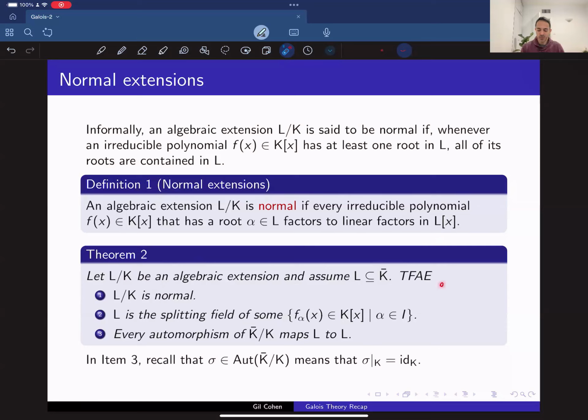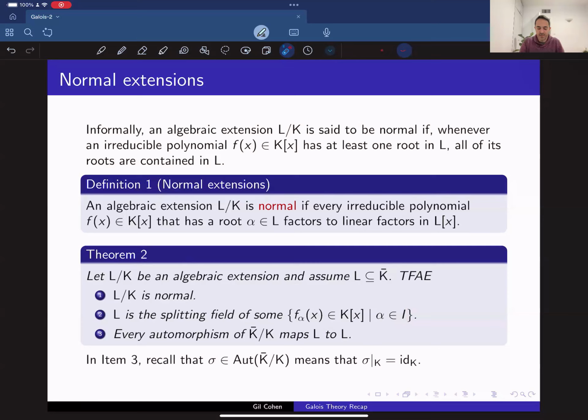Another characterization, which is somewhat less known, or less used sometimes, but is actually a very easy characterization to verify, is that L is the splitting field of some set, any set of polynomials, not necessarily irreducible, with coefficients in K. So there is some set of polynomials, it could be indexed by any index set.